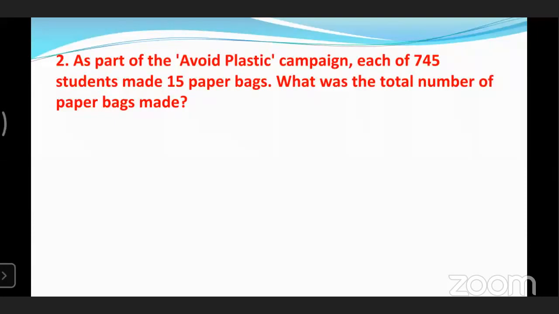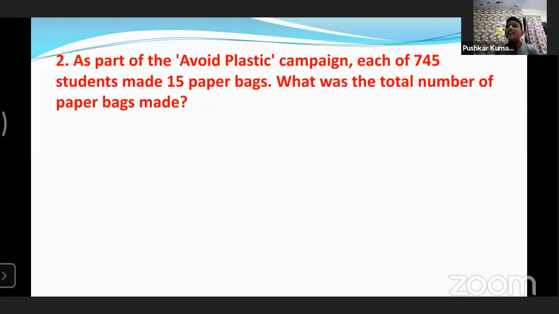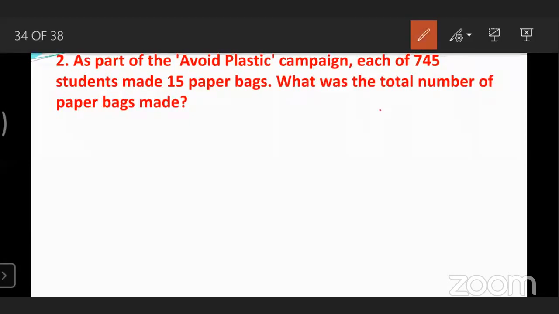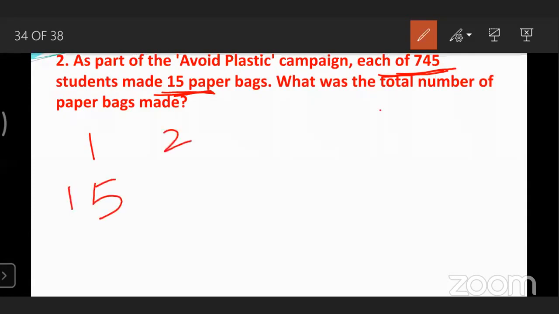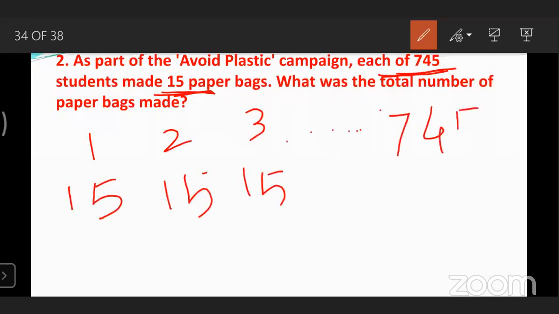Now, what is given here? The total number of students is given here, 745, as well as the number of bags made by one student. One student made 15 bags, second student made 15 bags, third student made 15 bags. Like this, we have to find out for 745 students.